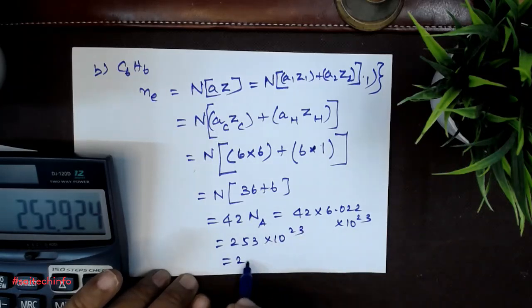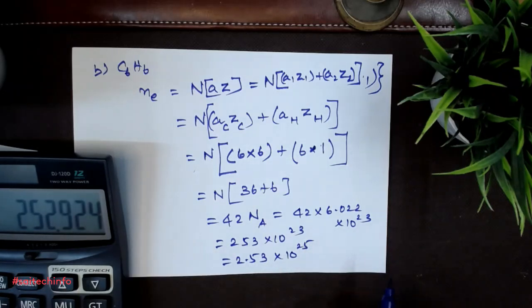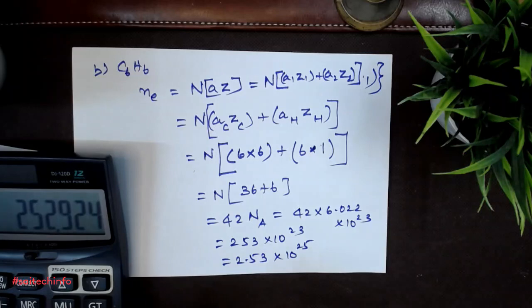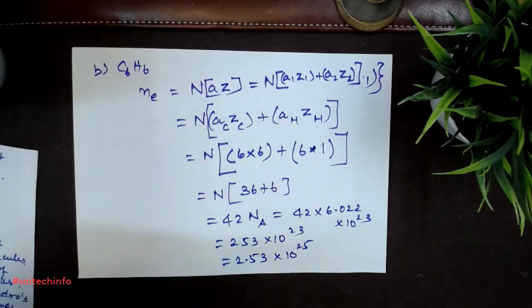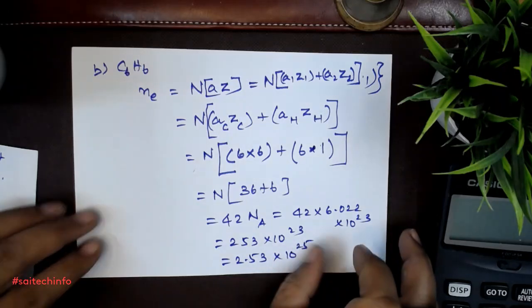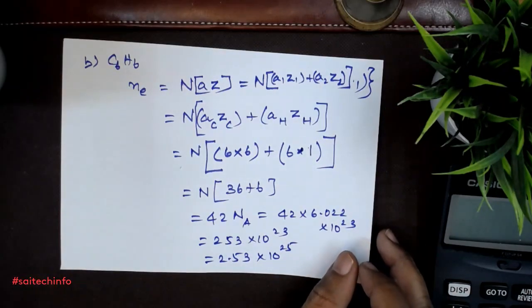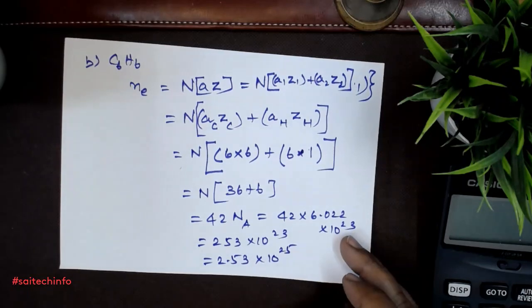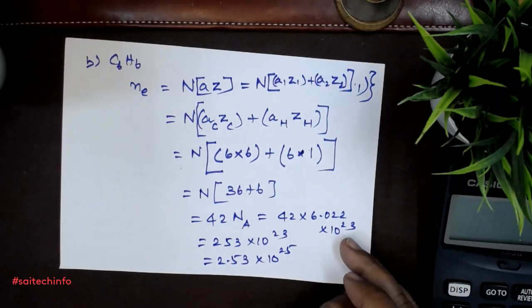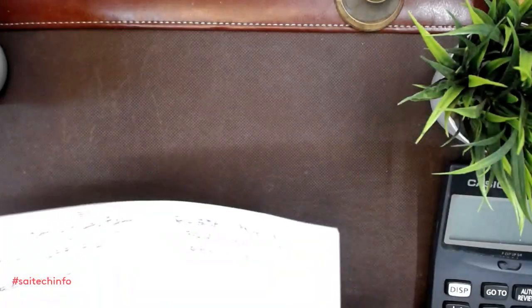It means 2.53 into 10 power 25 electrons are there. Okay, got it? Are you able to calculate this? Right. Next one. Can you proceed with sulfuric acid? Try that. So how many types of atoms are there? 3 types of atoms. So you can proceed like this.